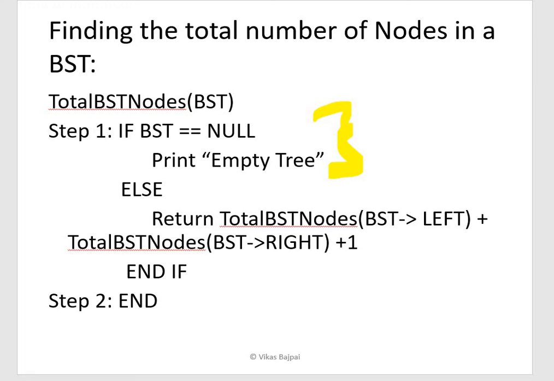If BST equals null, then I'll declare it's an empty tree, or else I'll go ahead with this recursive solution where I return the total BST nodes of the left BST, plus the total of the right BST, plus 1. That would give me the overall count for finding the total number of nodes.